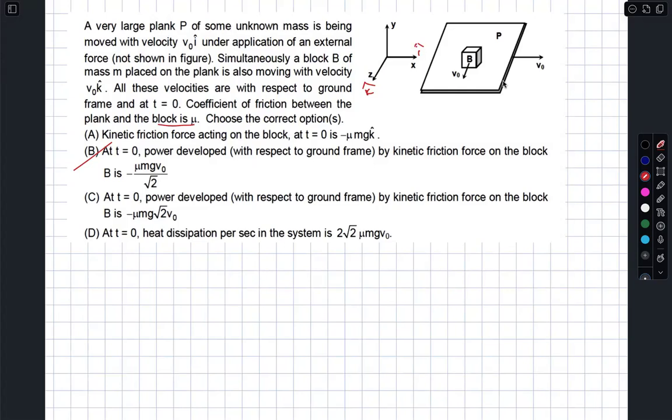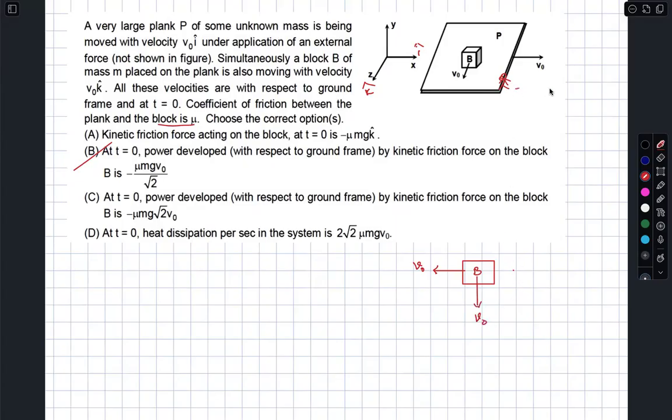Please try to understand, if I am in the reference frame attached to the plank, I will see it from the top view. This is B. I will see that with respect to me, it has one velocity v naught in this direction, and it has another velocity v naught in this direction.